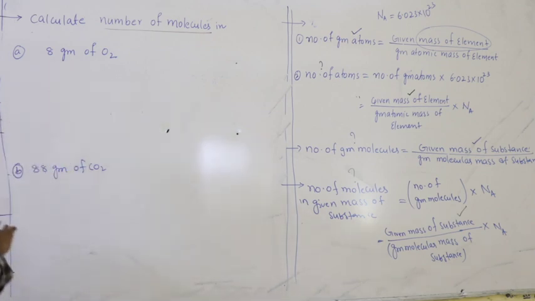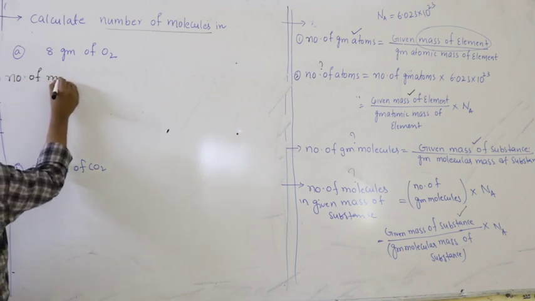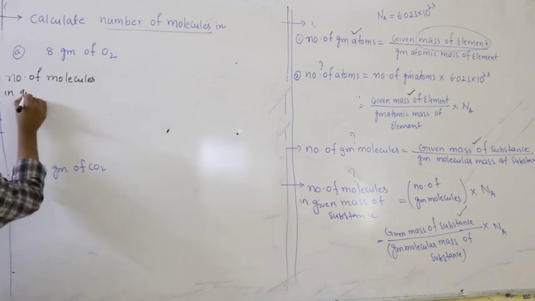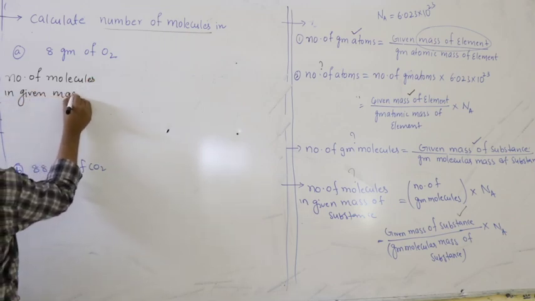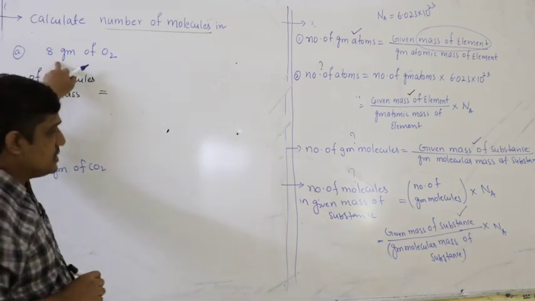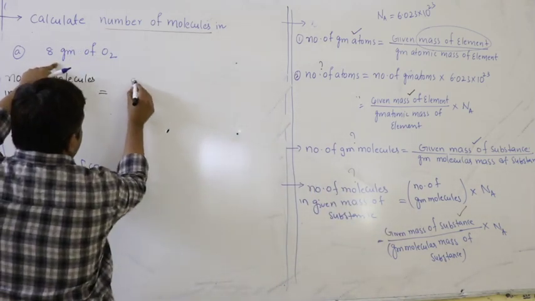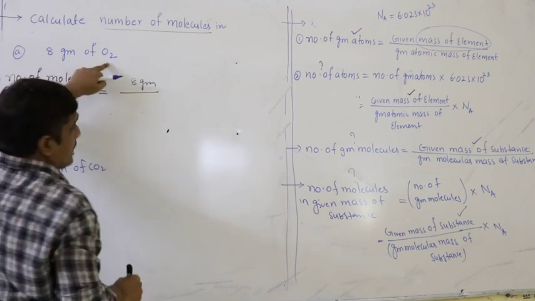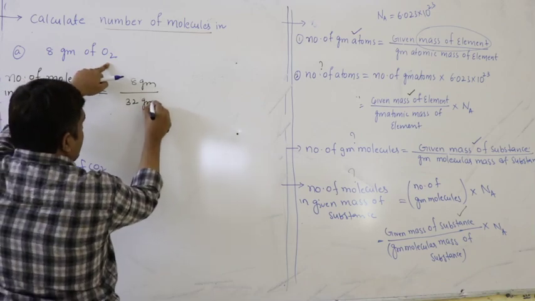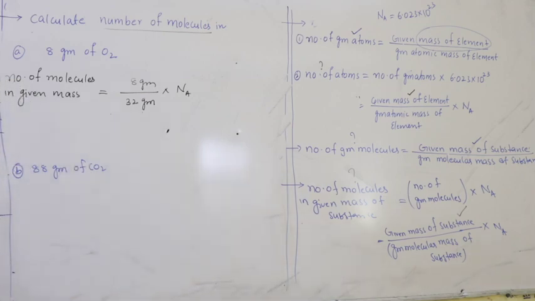So let us find number of molecules here. Number of molecules in given mass of substance, that is understood. So what is the given mass? 8 grams by molecular mass 32, gram molecular mass becomes 32 grams, into Avogadro number. 8 by 32 is 1 by 4.